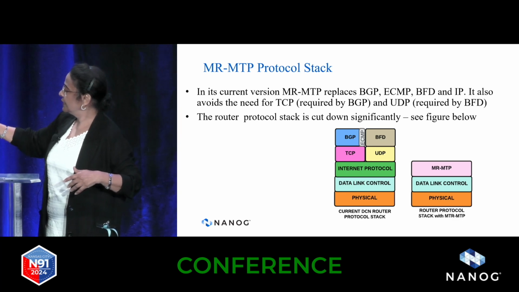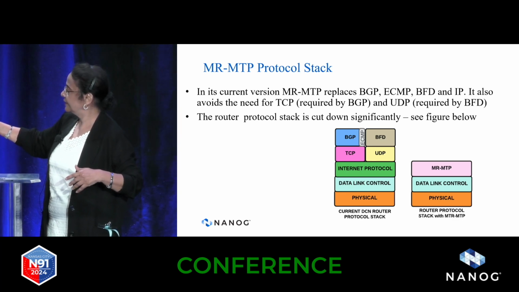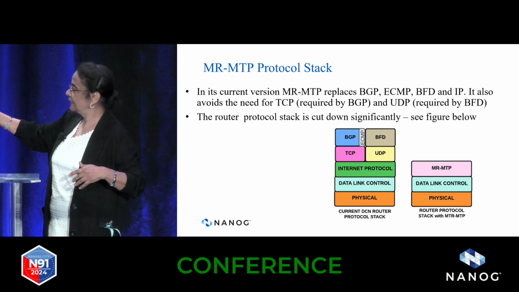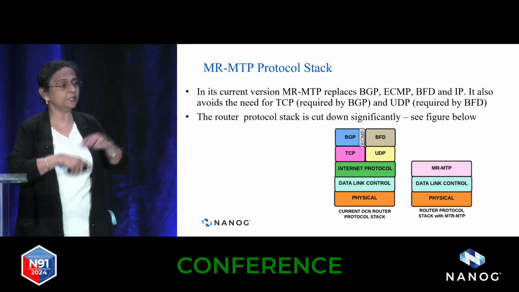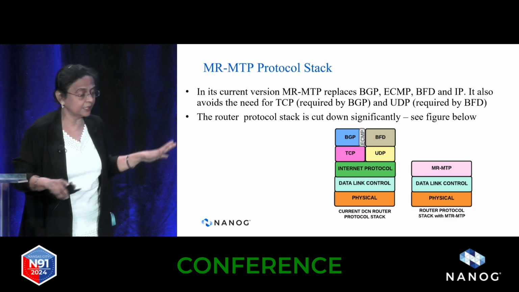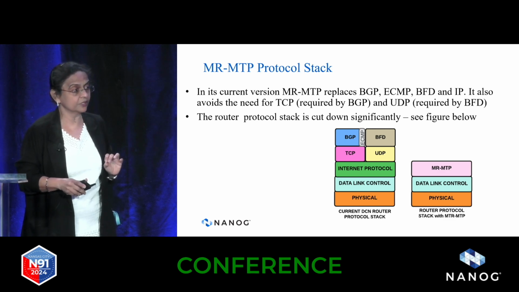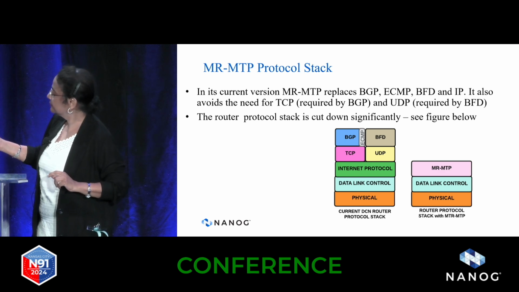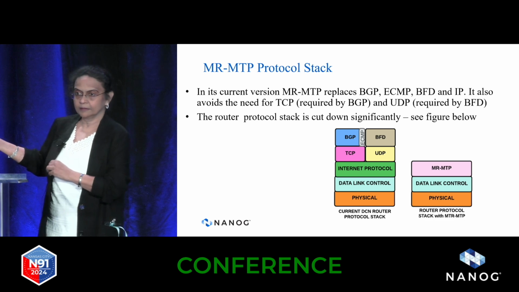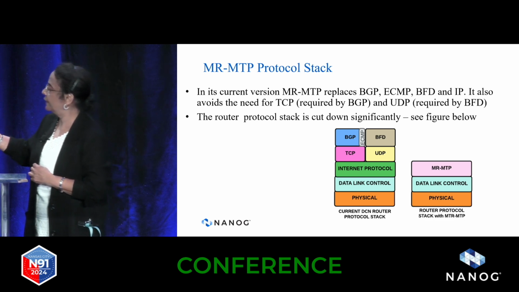So you see, on top of your Ethernet or layer 2 protocol, that is MR-MTP running at layer 3. You don't need TCP, you don't need UDP, no other protocols. All the essential functions for DCN operations are supported by MR-MTP.